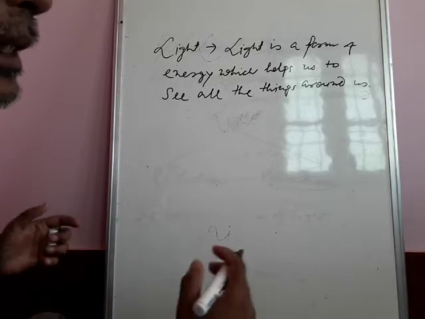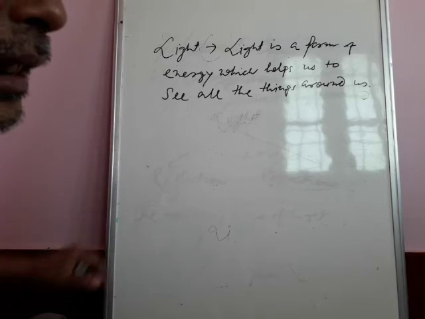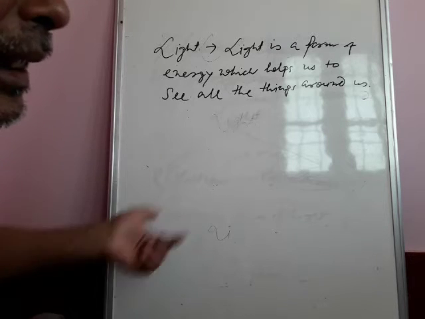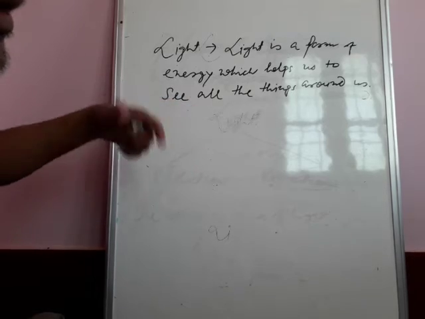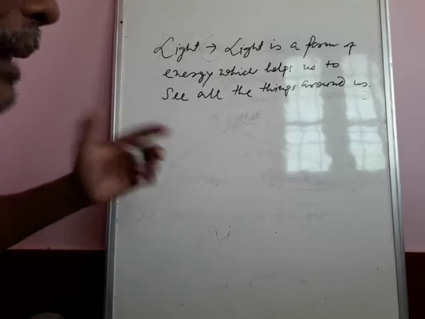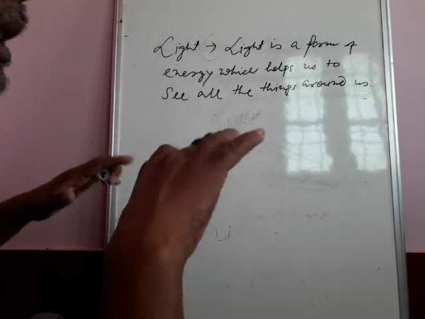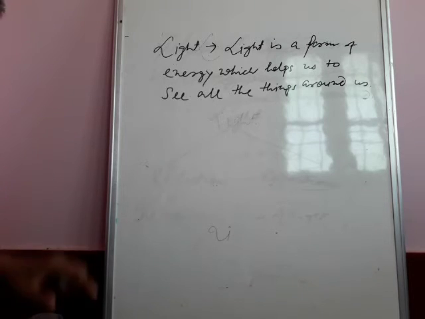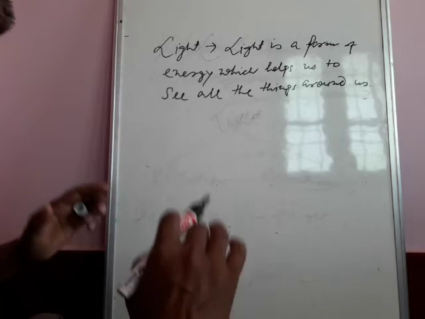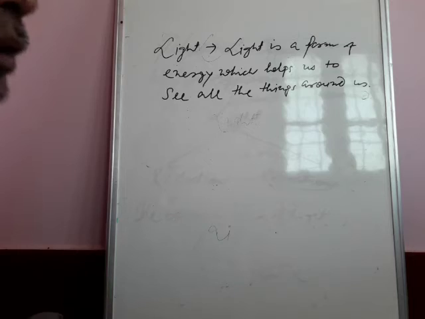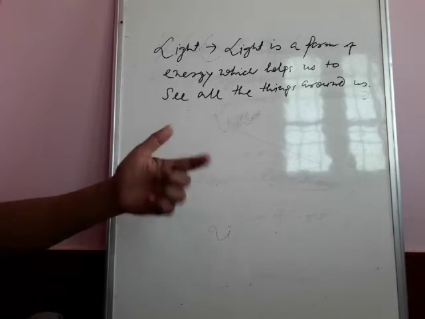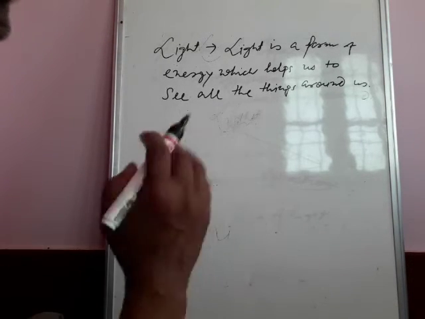We have several types of energy. There is electrical energy, there is wind energy. Similarly, light is also a form of energy, and it helps us to see whatever things are around us. Without light, it would not have been possible for us to view all the beautiful things which surround us.